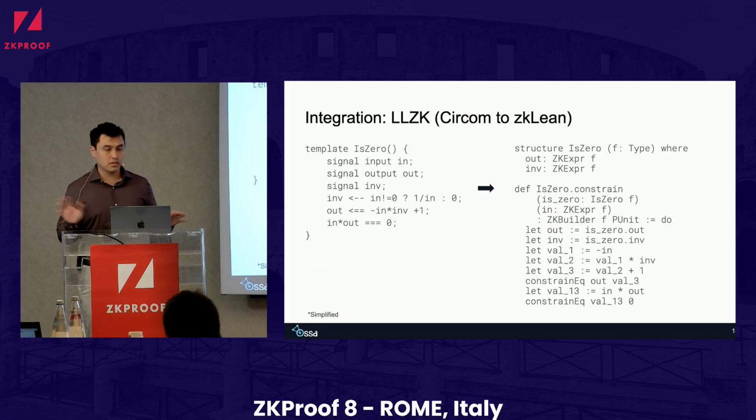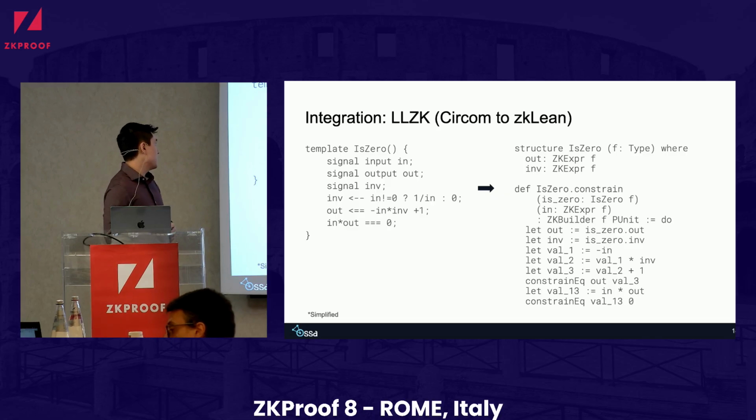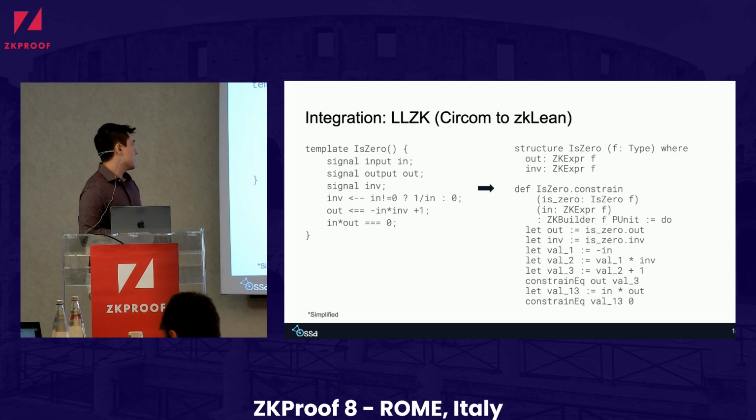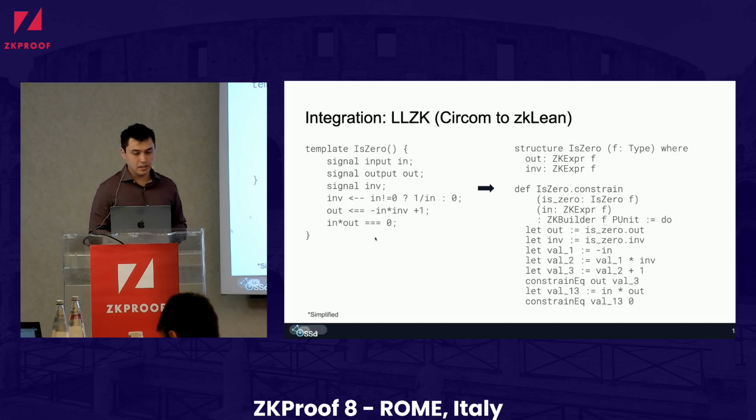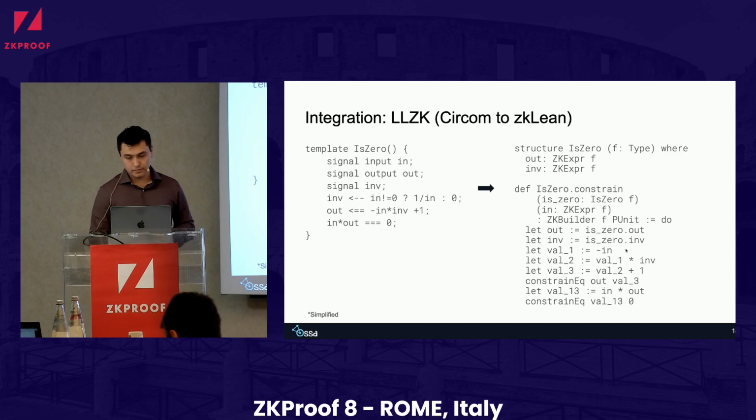As another simple example, this is a very simple IsZero circuit in Circom. On the right-hand side is what the LLZK output in zkLean looks like. These are the two main constraints you care about. You want to make sure that negative input times the inverse plus 1 equals the output, and that the input times the output equals 0.